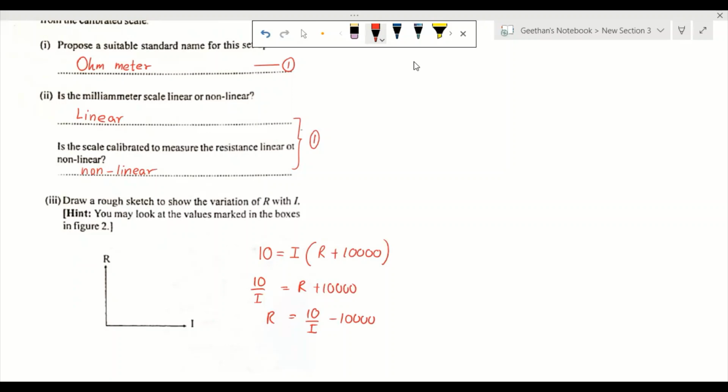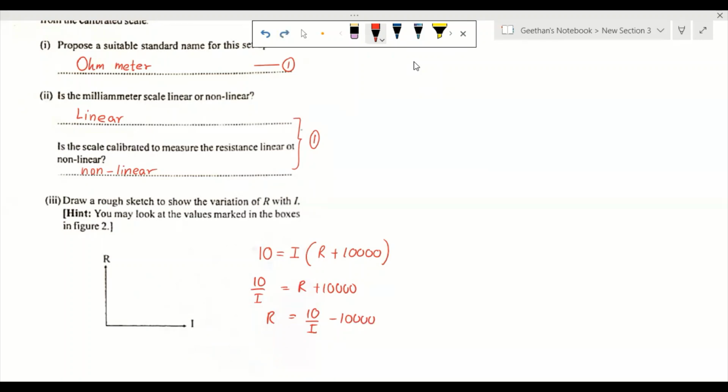What will happen if you make I 0? If I is 0, this is going to be infinite. So infinite minus 10,000 is also infinite. So when I is 0, R goes to infinity. There is no contact here. And when I increases, R will decrease. And when R is 0, there is a value for I. It's a very small value.